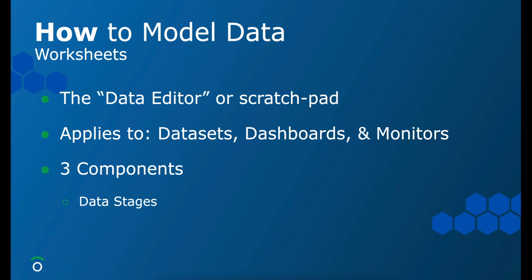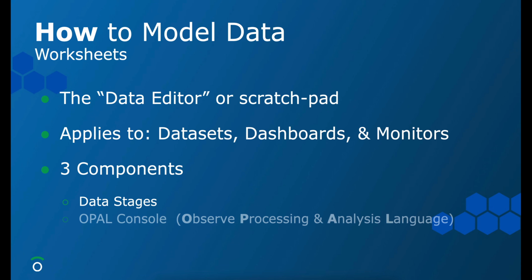The first is data stages. We'll see in a worksheet how there is a stage which actually contains the event data or logs that we're trying to model. Below that, we'll see the Opal console, and here we're introducing, maybe for the first time, Opal, the Observe Processing and Analysis language.